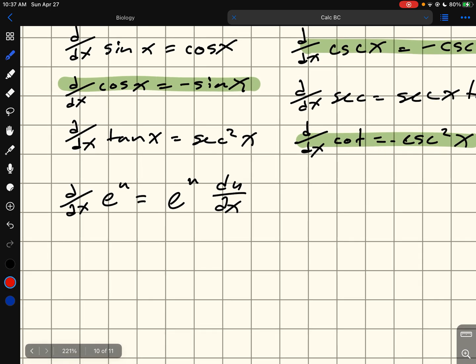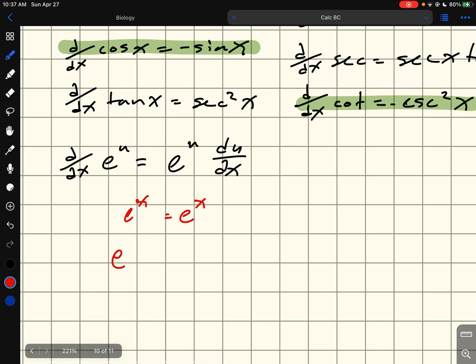The reason I say this and don't just put an x there is because then this part would just be dx, which is just 1. So it's very limited, because the derivative of e to the x is just e to the x. But then you wouldn't know how to do the derivative of something like e to the negative x squared, because you just know it as the same thing.